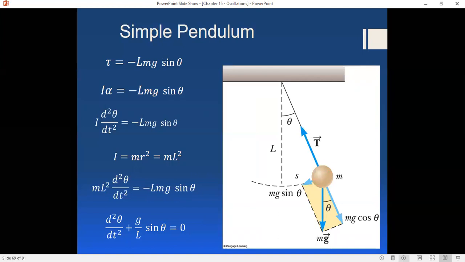Okay, so here is the torque on the pendulum bob with respect to the point at which the rope is connected and is stationary. Now, I know, according to Newton's second law, normally force equals mass times acceleration. Here, torque can be written as the moment of inertia times alpha, which is the angular acceleration.